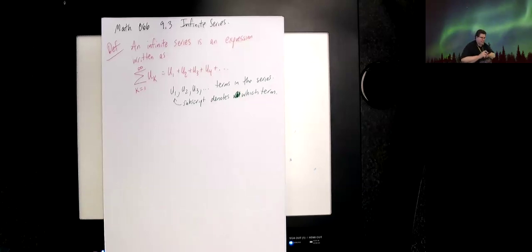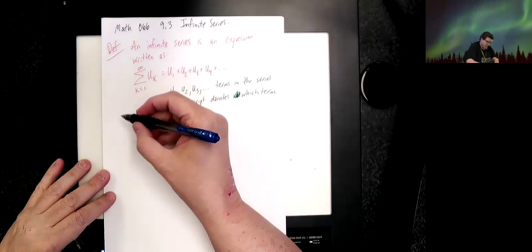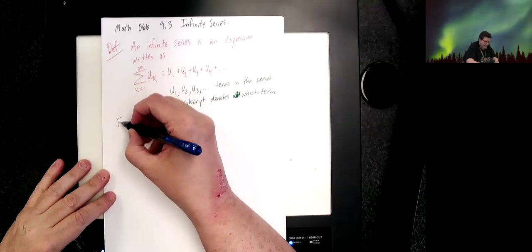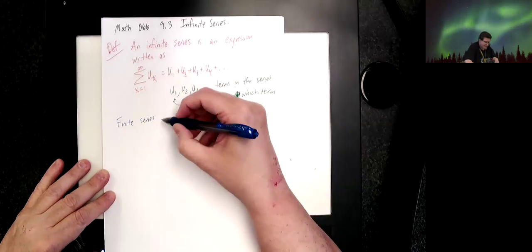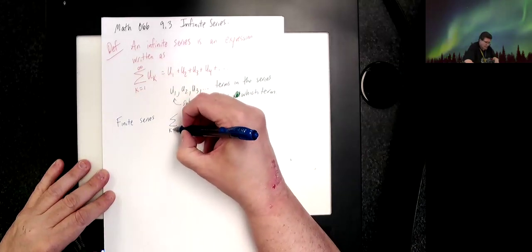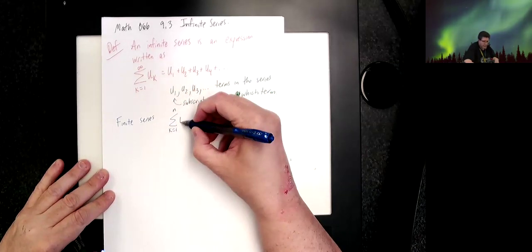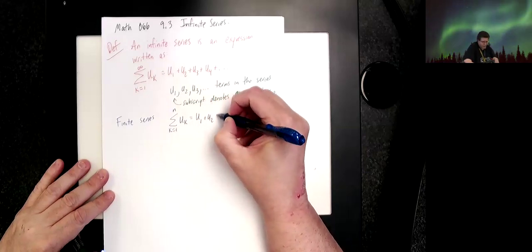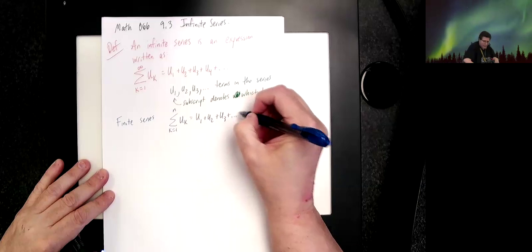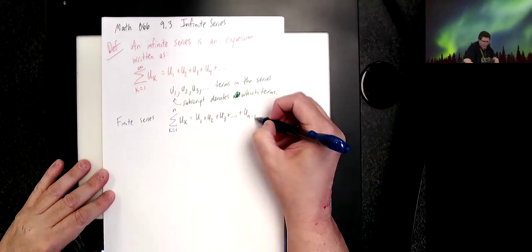But we're going to backpedal this because oftentimes when we do infinity, we do a limit. So we're going to look at something called a partial sum, which is going to end up being a finite series. A finite series has an end. k equals 1 to n of u sub k. So it'll be u1 plus u2 plus u3 plus u(n minus 1) plus u sub n.